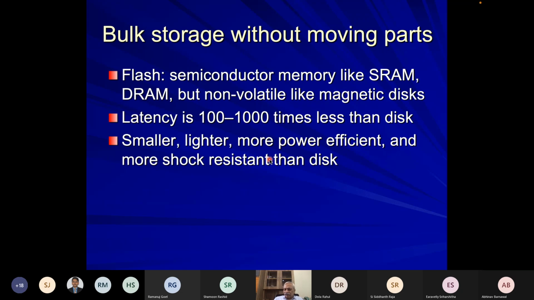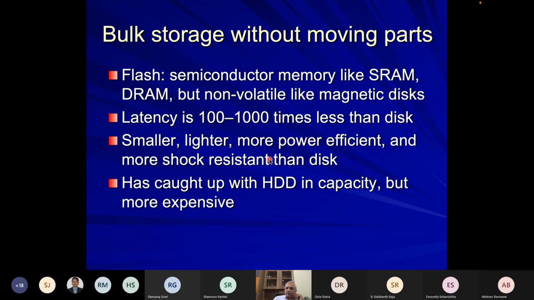That means the heads are retracted to a parking position so that the read-write heads don't clash against the read-write surfaces. There is some arrangement for preventing that accidental damage, but still, if the impact is larger, it may not really prevent the disk from getting damaged. But solid state drives are much more resistant in terms of shock.